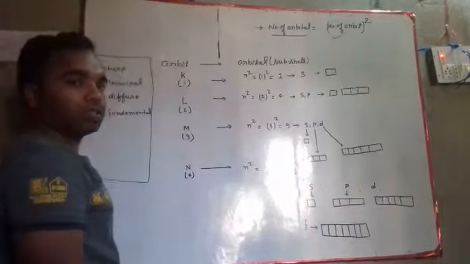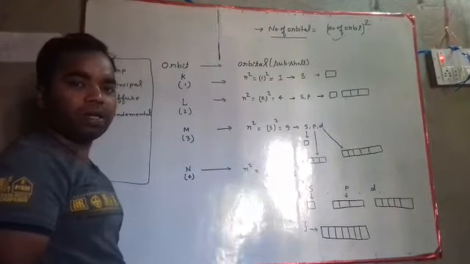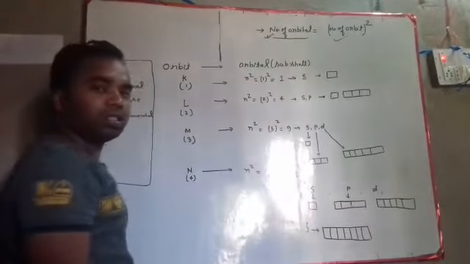How many orbitals are present in an orbit we can determine by the formula written on the board.